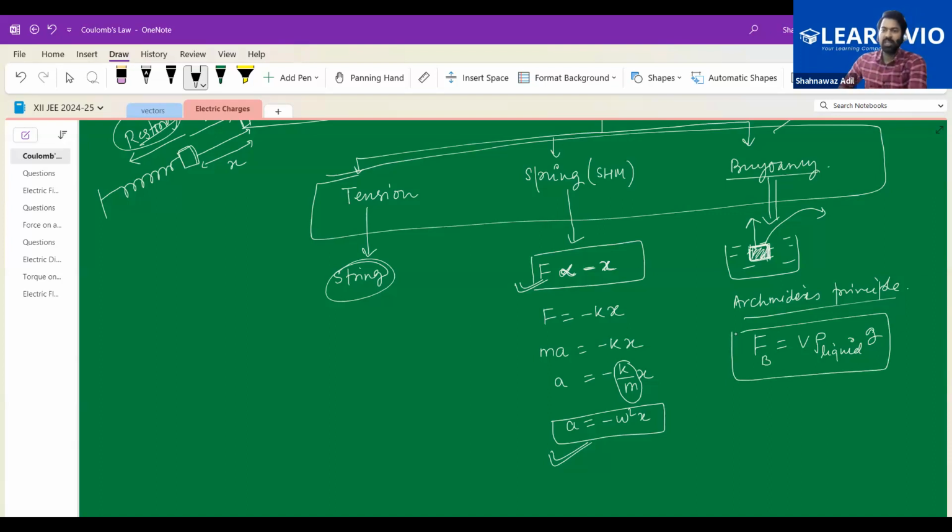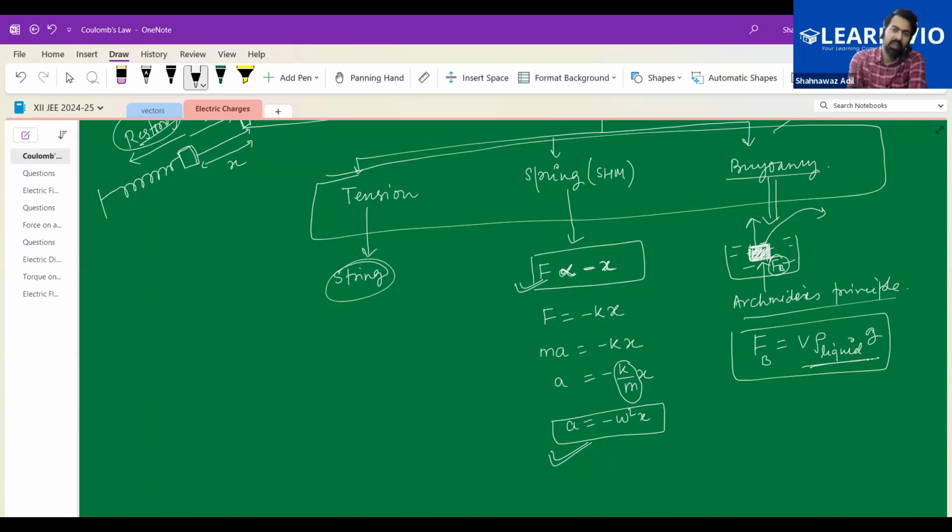Yes, sir. So this thing we will also use. This is the volume immersed in this liquid, whatever amount of volume is immersed. So it will experience F buoyancy, and that is equal to this, right? So these are the things that we will use in our next set of questions.